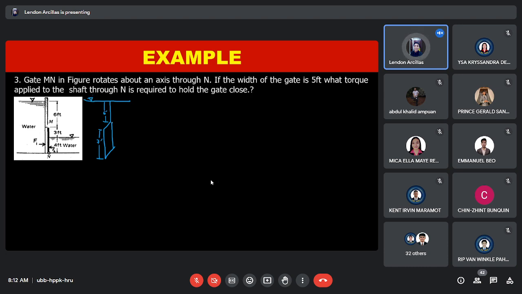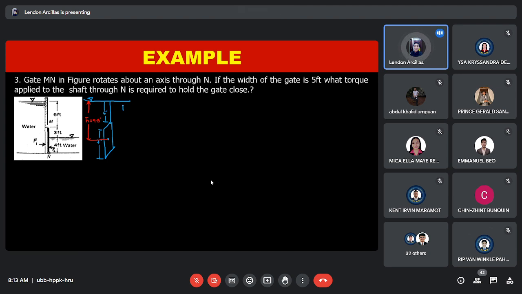Kukunin muna natin yung H bar para hindi na tayo mahihirapan dun sa ating hydrostatic force at F1 on the left side. So H bar natin is, palagay nyo, ano yung H bar natin? 6 plus 7 over 2. That is 9.5. Okay.